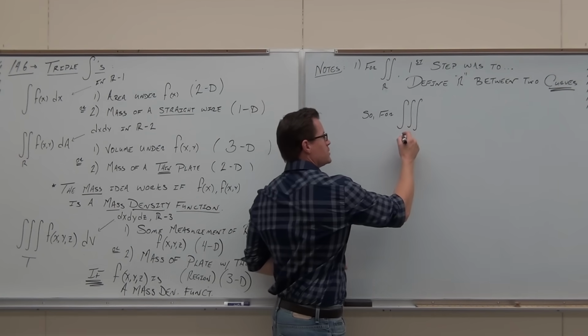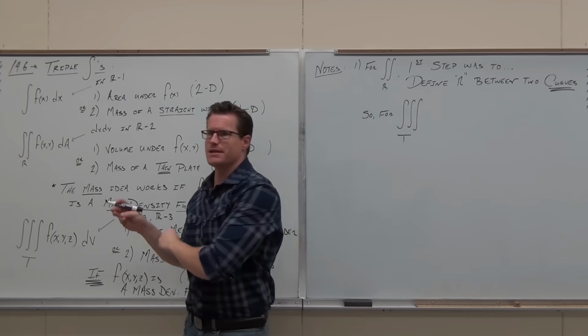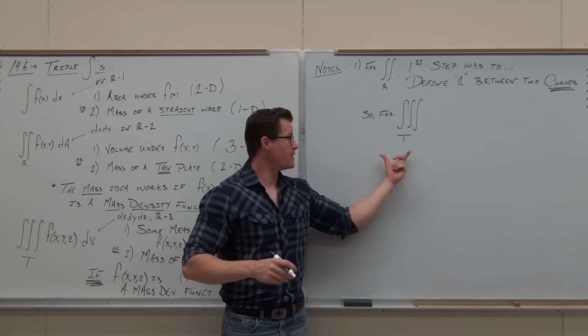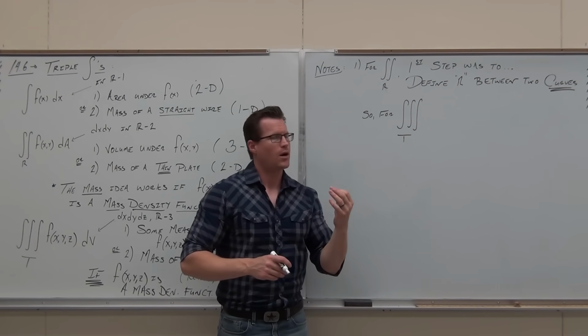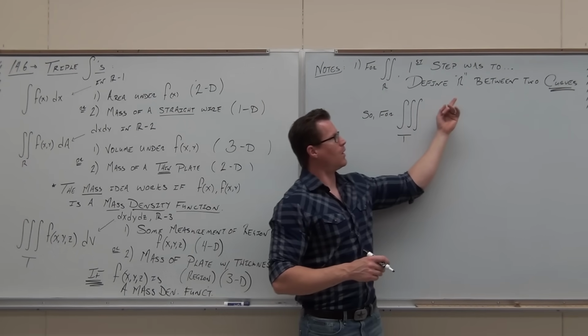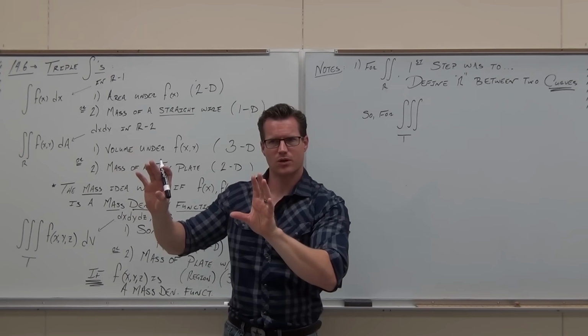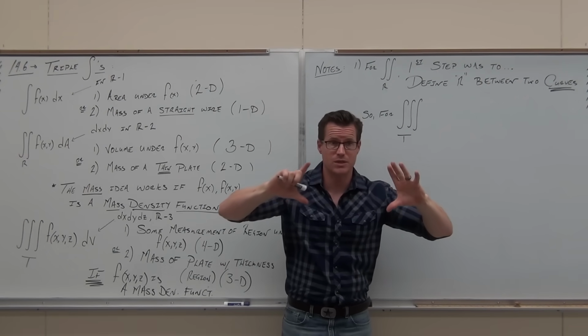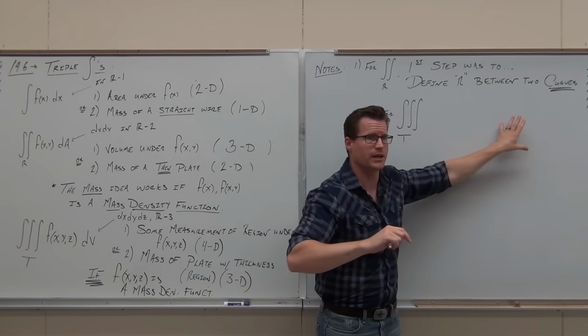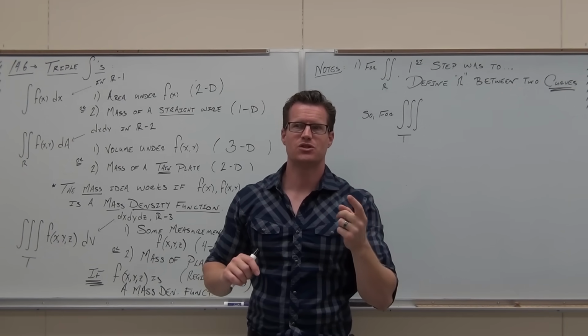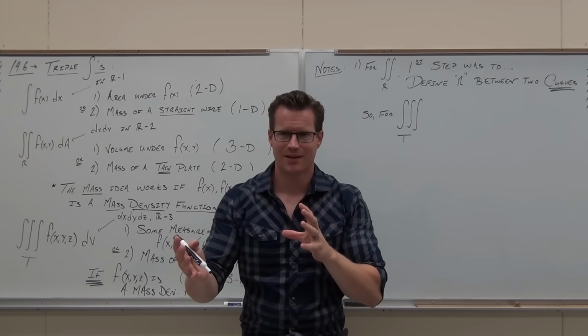Now we have a region that is in, what's T? Think T equals 3D. That's what that means. That region's in 3D. So now I'm still going to define the region between two somethings, but they can't be curves, because curves are a 2D concept for us. They're on a plane. Right now, I'm going to try to define T as being between two what?